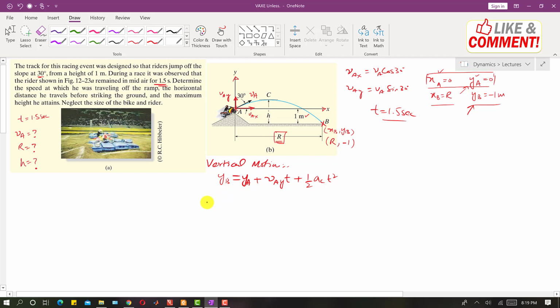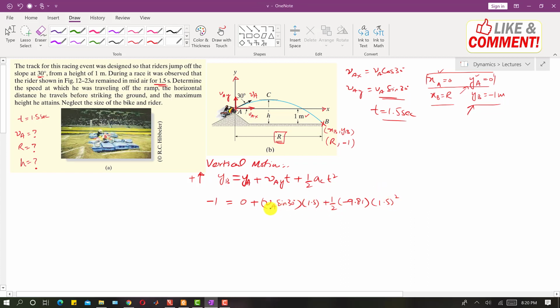So YB is -1, and the upward direction of y is considered positive, so this is -1 meters, and YA is 0, and VAY is VA sin 30. So this is VA sin 30 degrees, and T is 1.5. And this AC will become -g. So this is plus 1 divided by 2 times -9.81 into 1.5 whole square.